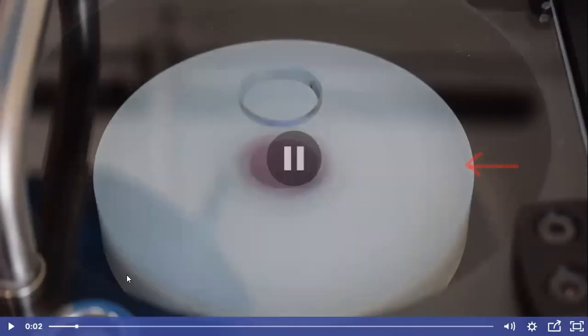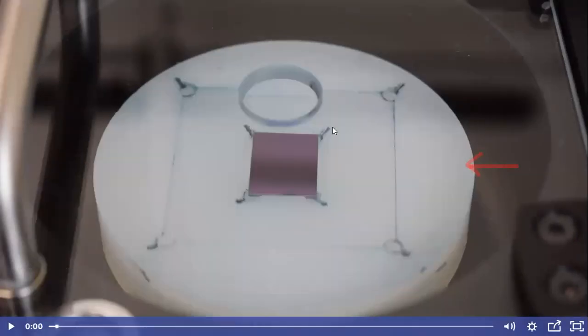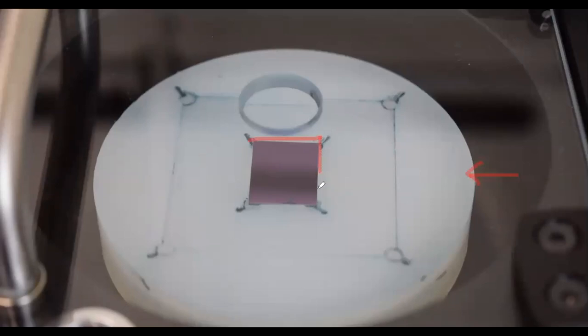Once again, look at it carefully. I will show you the substrate is this one. This is your substrate, a silicon substrate.